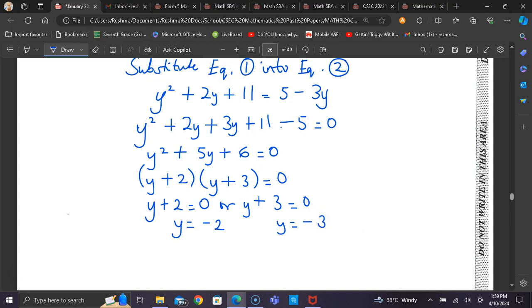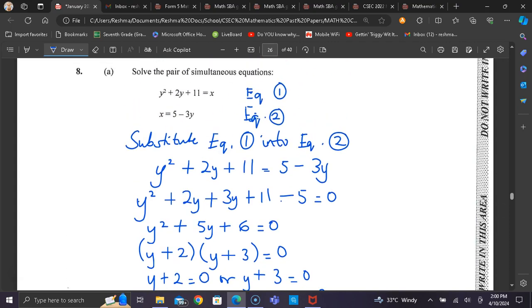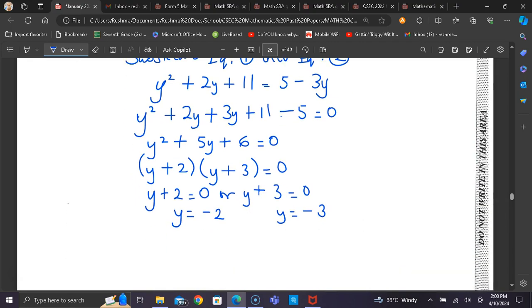So now that we found our values of y, to solve for our values of x, we can substitute our y values into either equation 1 or 2. I think it will be easier to substitute into equation 2. Okay, so let's do that. So we substitute the y values into equation 2.